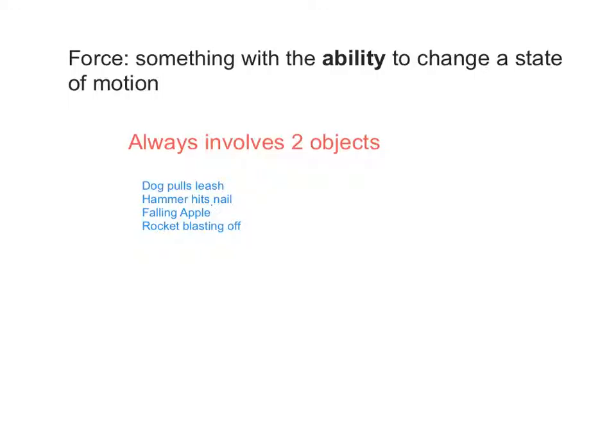And a rocket blasting off, where again we are accelerating. Here the two objects that are interacting are actually the rocket and then the gas inside of its fuel tank combusting. So again, just keep in mind, if you are going to have a force, there must be two objects involved. An object cannot exert a force upon itself. It needs a second object to exert that force for it.